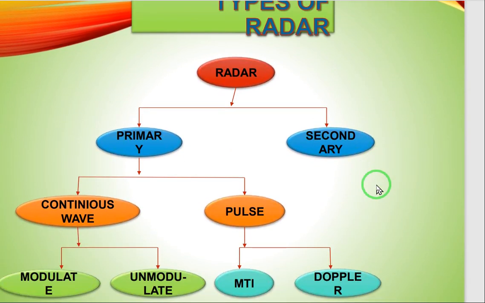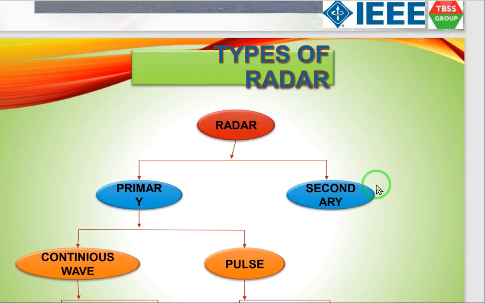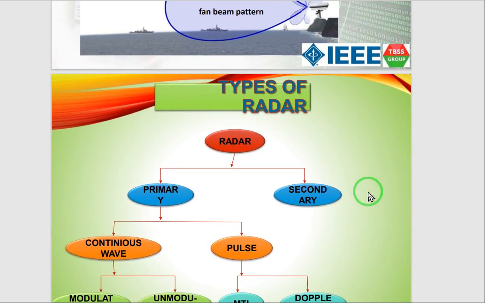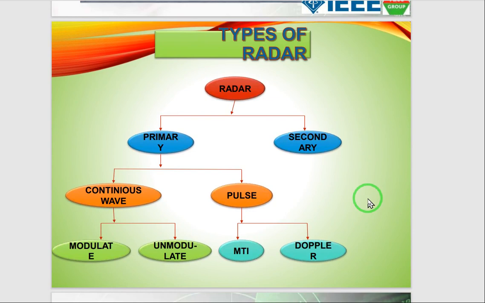Now moving towards the types of radar, basically there are two main types of radar: primary radar and secondary radar. Secondary radar has no further types, but primary radar has two further types, continuous wave and pulse radar.